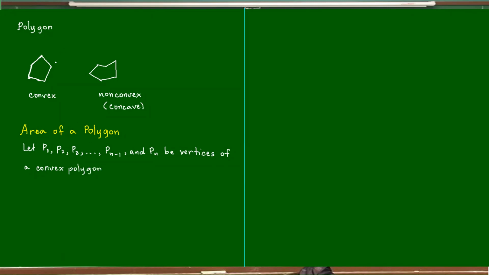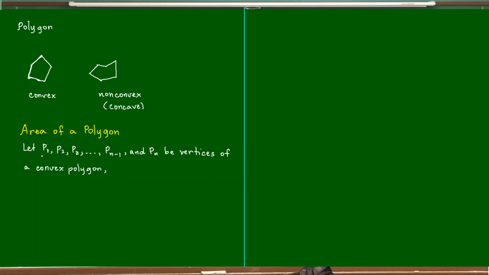So meaning this type, no? Okay. By the way, how will you know that it is non-convex? There is at least one interior angle that is what? More than 180 degrees. Okay, guys?